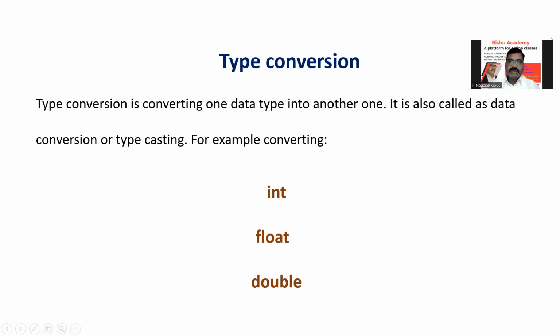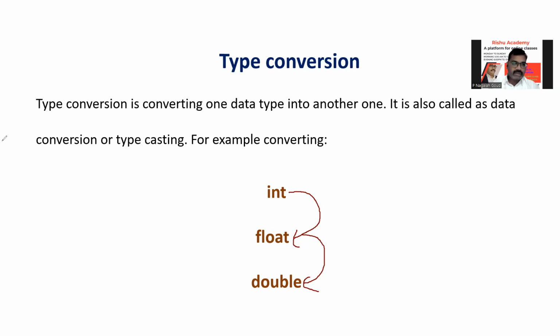Look at the screen. Here, I want to convert integer into float or float into double. Converting integer into float, float into integer. Converting an integer variable into a float variable into a double variable.